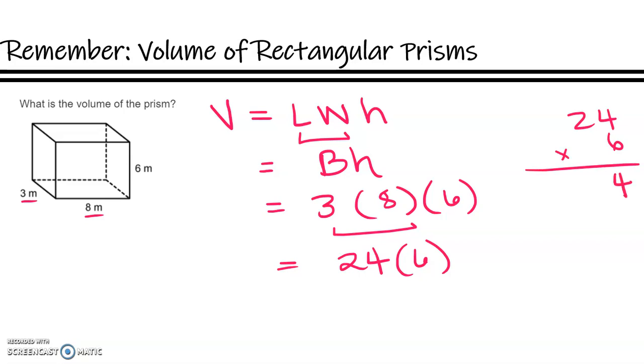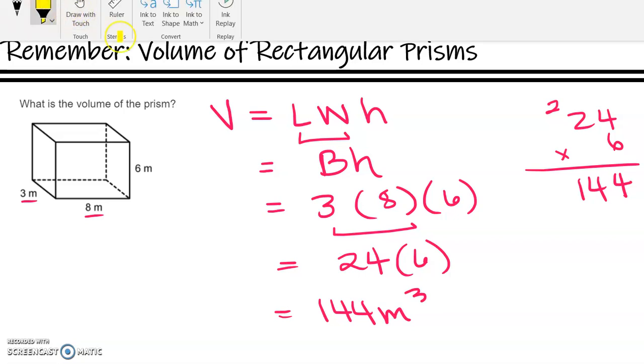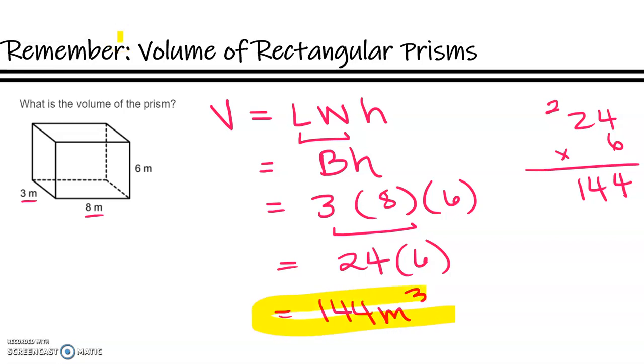That is 24. Carry, that's 12 plus 2 is 14. So my final answer is 144 m, and remember it's cubed because you're multiplying 3 units together.